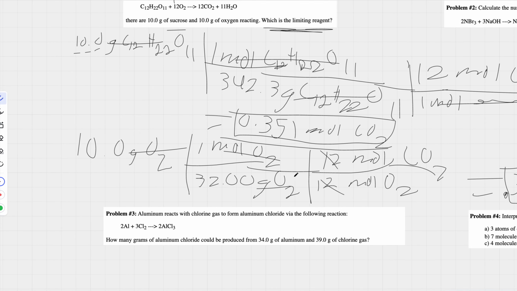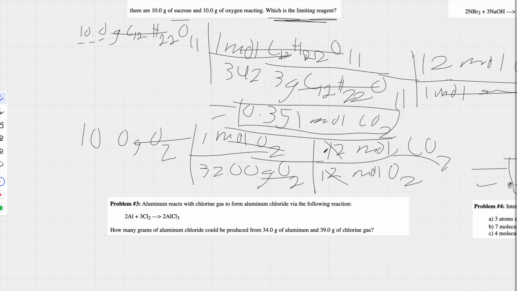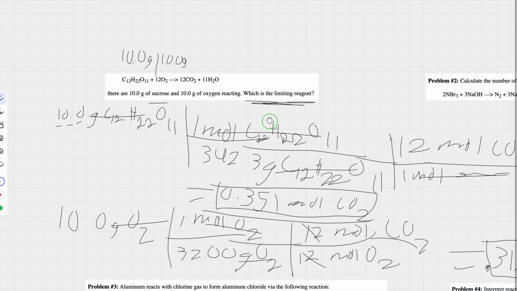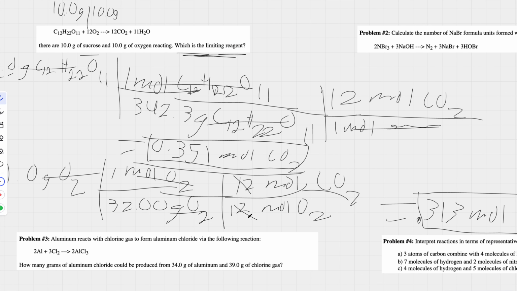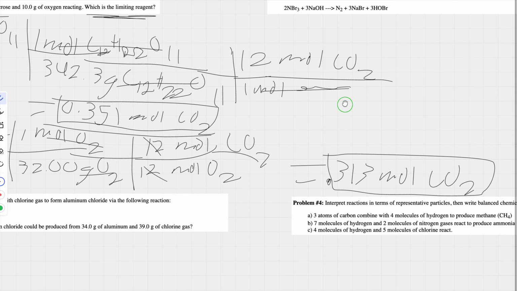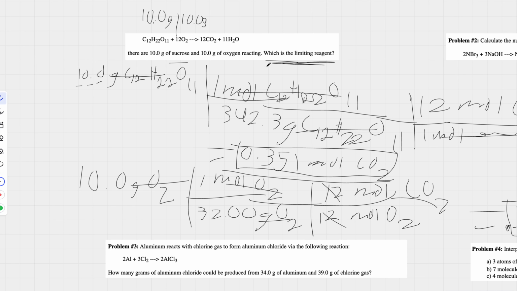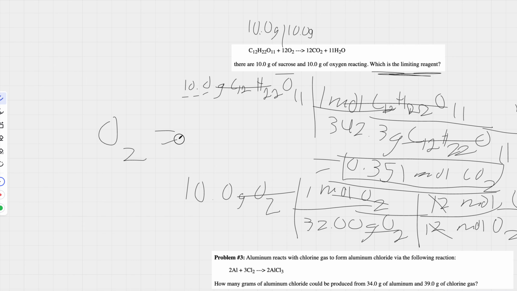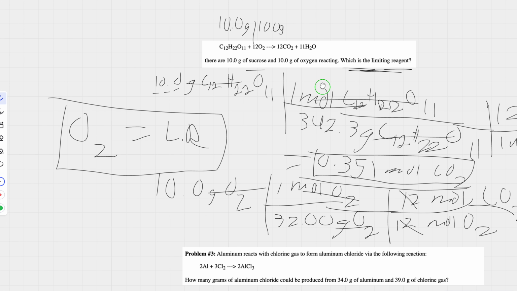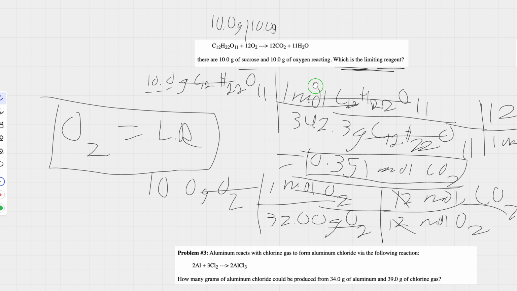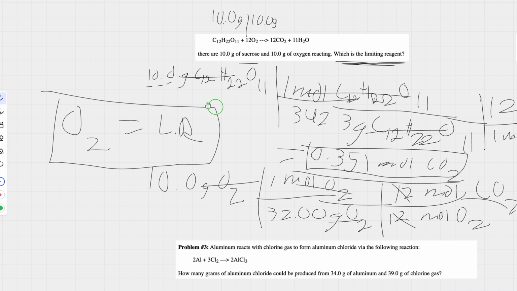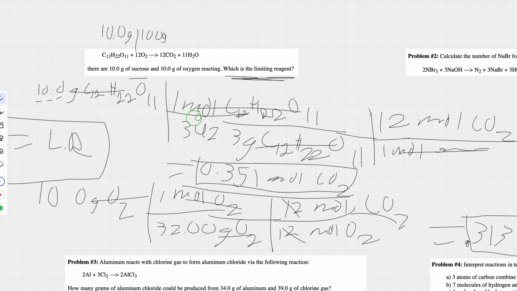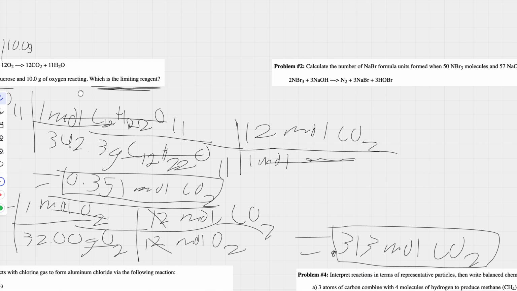We can see that 10 grams of oxygen formed fewer moles of carbon dioxide than 10 grams of sucrose. So that means that O2 is the limiting reactant. Okay, that's basically how we find the limiting reactant for 2 things.